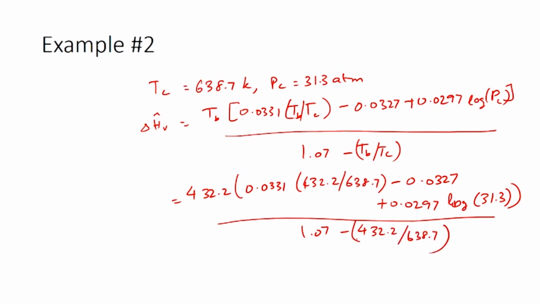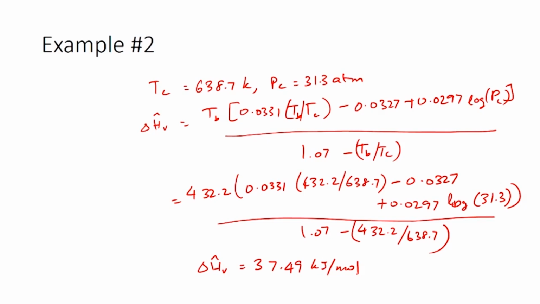Solving this equation we would get delta H cap V as 37.49 kilojoules per mole. So, for this particular case we find that Trouton's rule is more accurate than Chen's equation. Chen's equation here still gives less than 2% error.